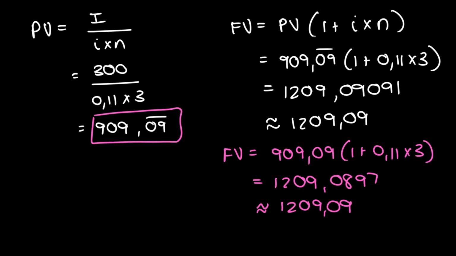So there are 2 ways that you can go about making sure that your calculations are accurate. You can store part 1 into your calculator and recall it in part 2, or you can go ahead and actually just take the equation and put it into all-in-one. So an all-in-one situation would look like your future value is equal to, where your present value was, you have I divided by I times by n.